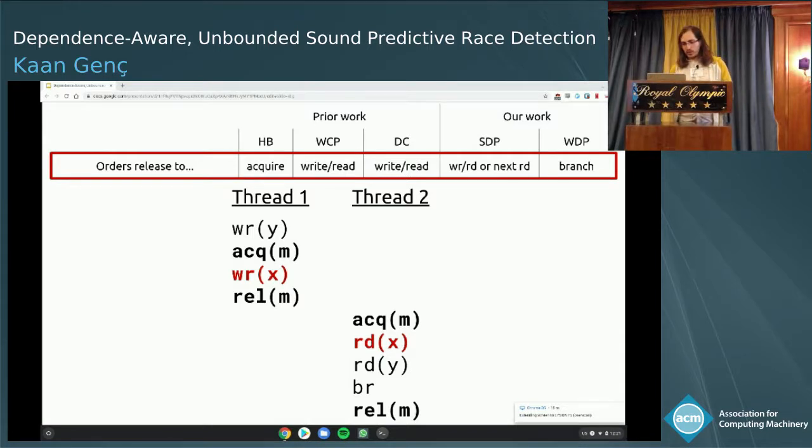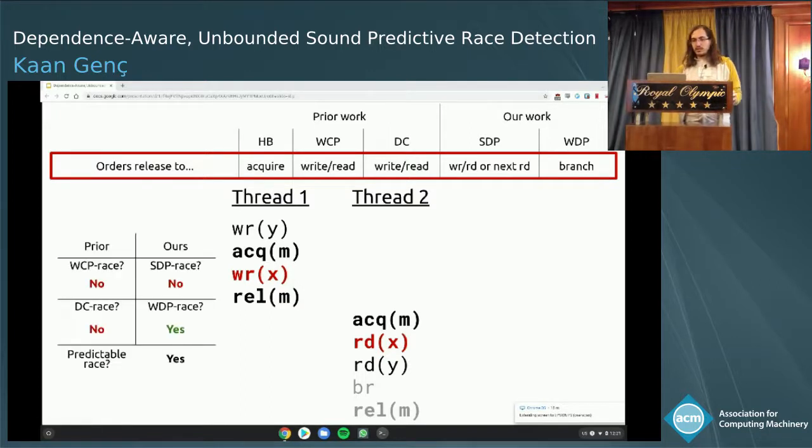You might say, okay, there is in fact a branch here in this example. So what's the difference? Well, as I said before, we don't actually care about events that are after a race. This branch event here, we don't care about, because it cannot affect whether the read Y is going to happen or not. As a result, weak dependently precedes, our method, is the only method that can find the predictable race in this example.